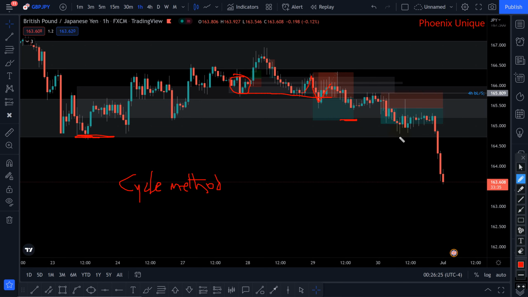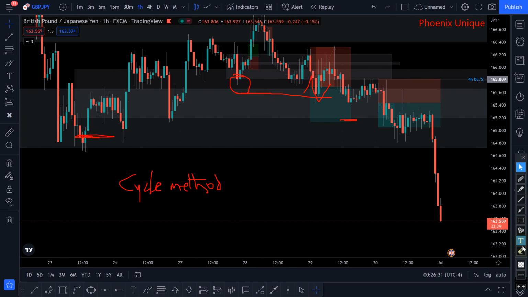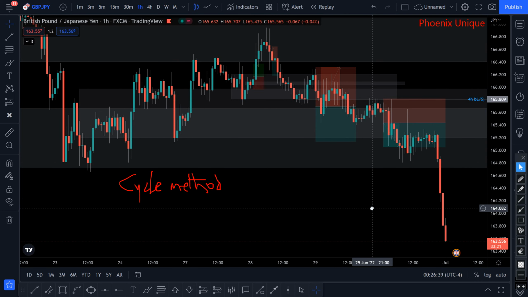Then you leave the runner, and exactly as the forecast we gave around that location as well, what did price do? Simple. It reacted from there.